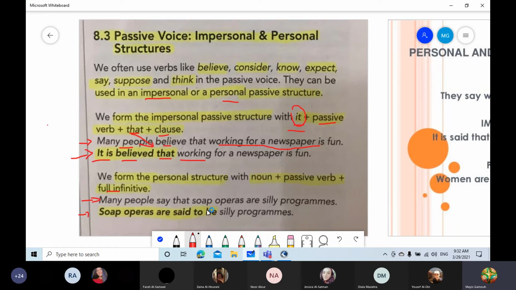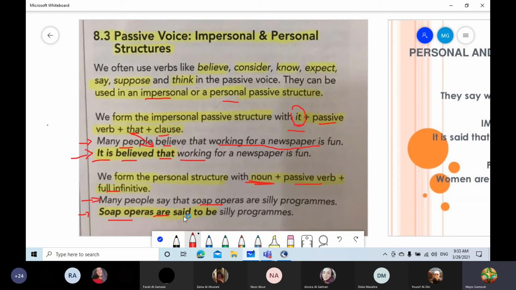I insert my object here, which is soap operas, at the beginning in order to become our subject, because we know that the English sentence consists of subject, verb, and object. Let's go back to our structure: the passive verb, which is the verb to be according to my tense. Say it's in the simple present. So with soap operas as plural, I put are.